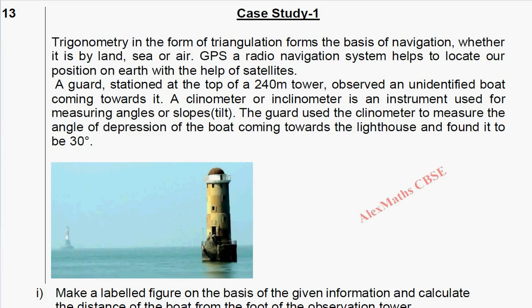Question number 13. Case study 1. A guard stationed at the top of a 240-meter tower observed an unidentified boat coming towards it, and he measured the angle of depression of the boat coming towards the lighthouse and found it to be 30 degrees. So this is the tower, which is 240 meters in height, and from this a guard is observing a boat, and the angle of depression is given as 30 degrees.